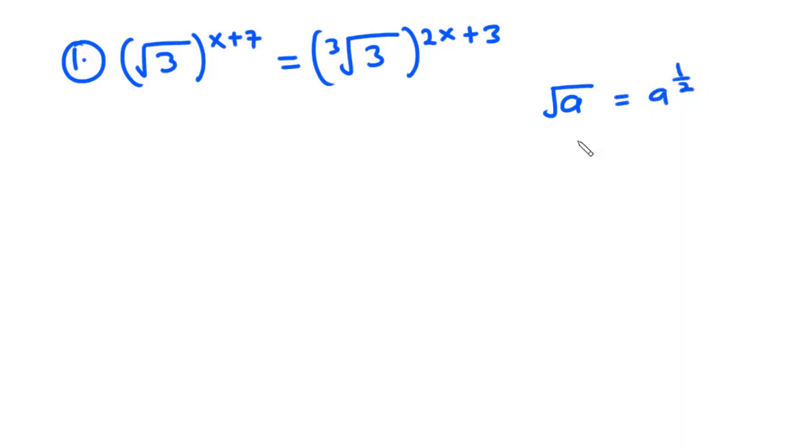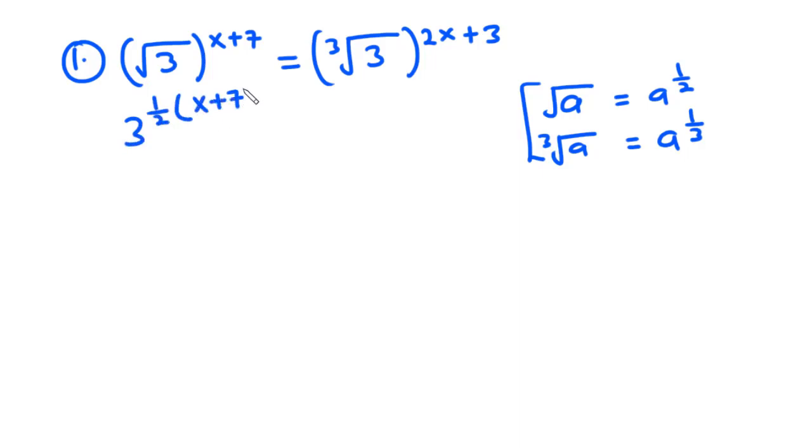And then if you have the cube root of a, that is equal to a exponent 1 over 3. So these are what we are going to apply here. So for this, we have 3 exponent 1 over 2 multiplying x plus 7. And then here we have 3 exponent 1 over 3 multiplying 2x plus 3.